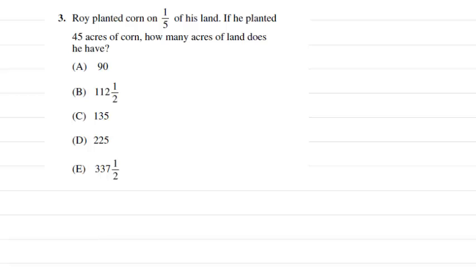Here's a problem from College Board's 2011 practice test. Roy planted corn on 1/5 of his land. If he planted 45 acres of corn, how many acres of land does he have? One strategy that can make this type of problem a lot easier is to name your variable and tell yourself what that variable stands for. So x is going to be the total amount of land he has.